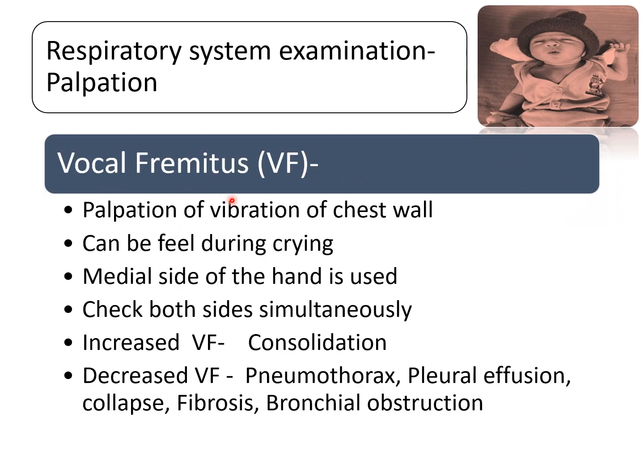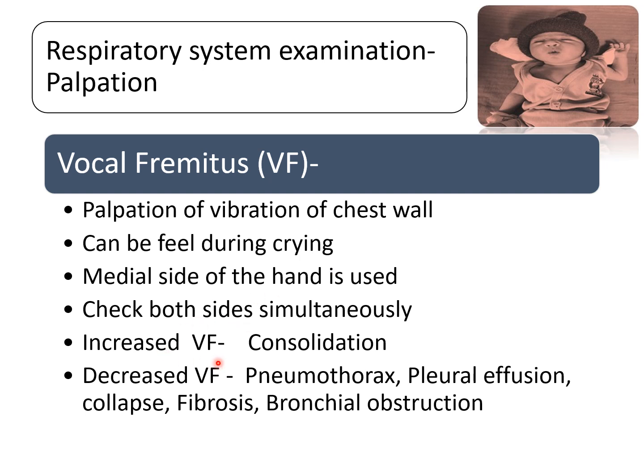Now for the vocal fremitus in a newborn, we have to palpate the vibration of the chest wall when the baby is crying. So we should use the medial side of the hand and we should check both sides simultaneously.